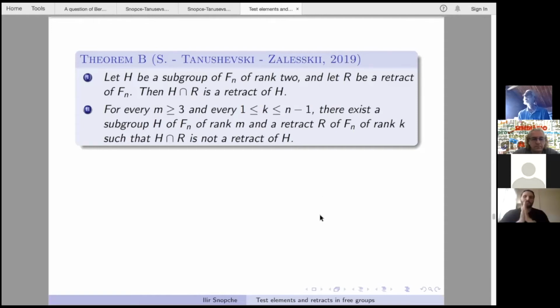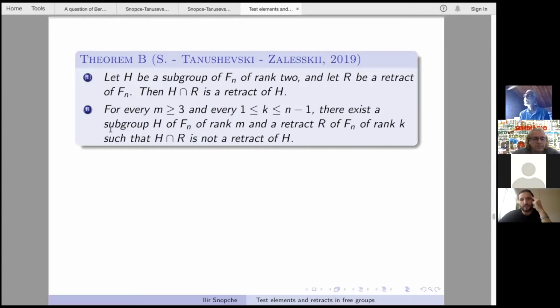So now during the rest of my talk, I will try to give some ideas of what is going on in this theorem. The first observation is that part 1 uses pro-p groups. In particular, many recent results about test elements in free pro-p groups. And the second part, since we construct things, is of geometric flavor.